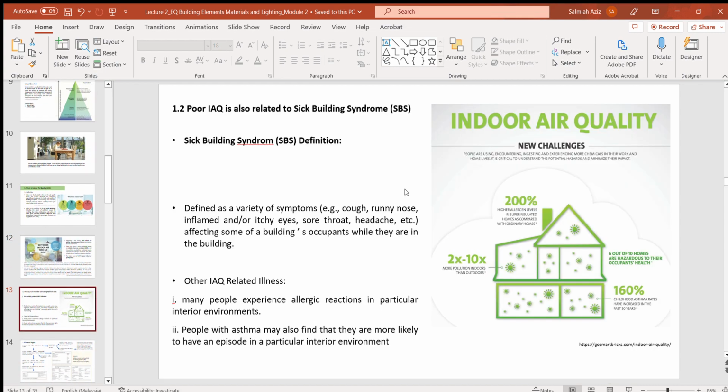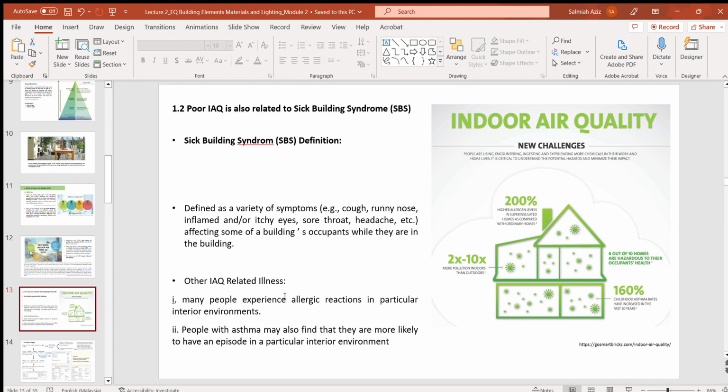Actually, poor IEQ is also related to sick building syndrome (SBS). What is SBS? It is defined as a variety of symptoms such as cough, runny nose, inflamed or itchy eyes, sore throat, headache, etc., affecting some of a building's occupants while they are in the building.